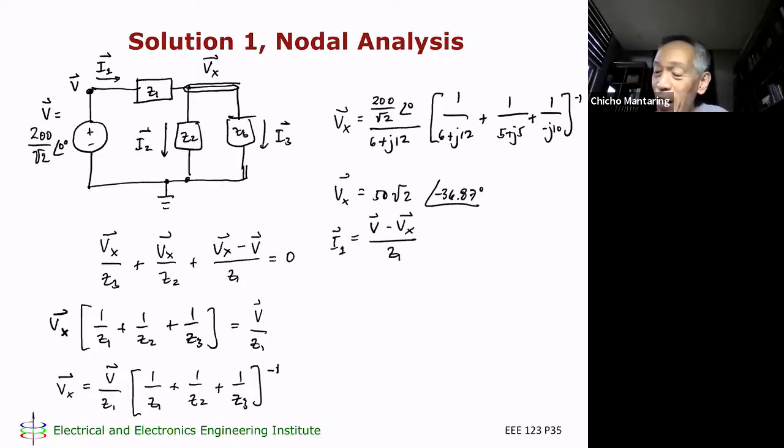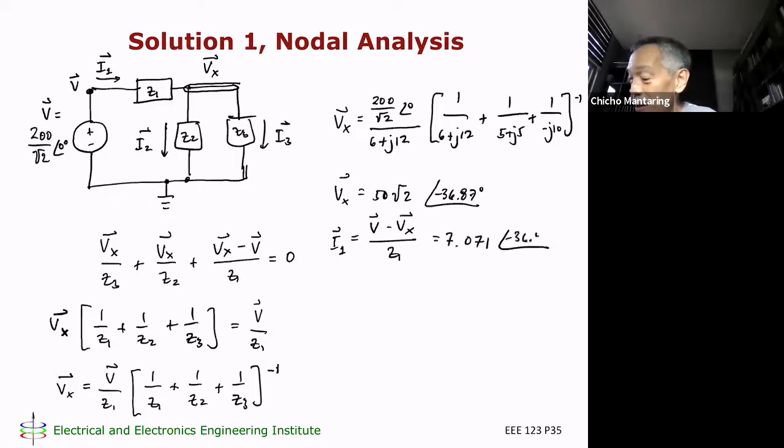So anong value ng I1? I1 is V minus Vx over Z1. Yung baliktad nga nito, di ba? Okay? I'll just tell you the answer, no? I1 is 7.071 at an angle minus 36.87.